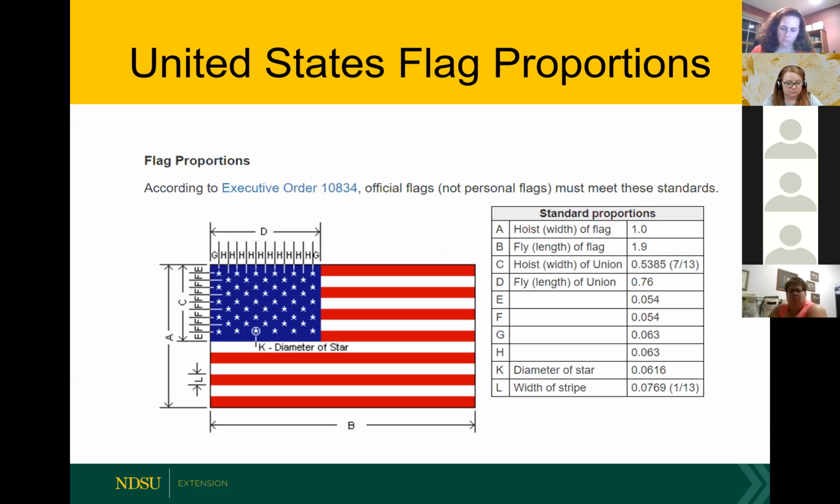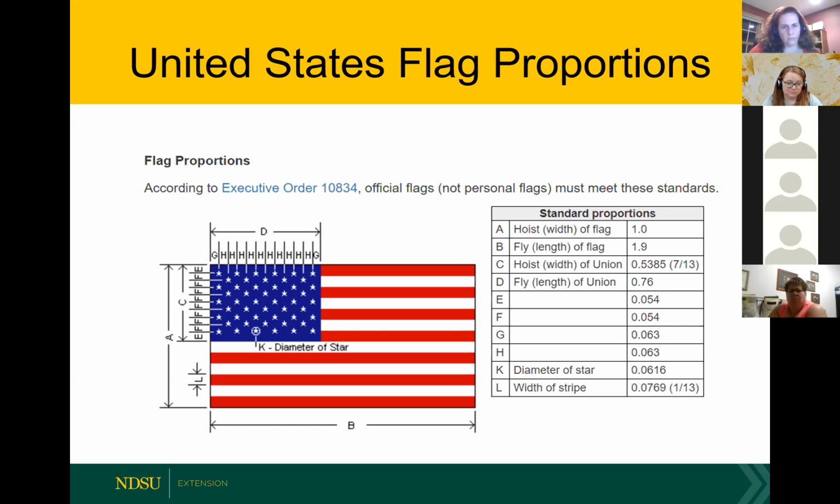So did you know that there are some official proportions, for example, to the US flag? And like I said, the bulk of this is about the US flag, but I've got a little of others as well. There's a lot of detail in there, but most flags that you buy are not standard proportions, the official proportions. The flags that the military uses, the flags on official buildings, might be standard proportions, which is a 1 to 1.9 ratio, which is a little bit off.